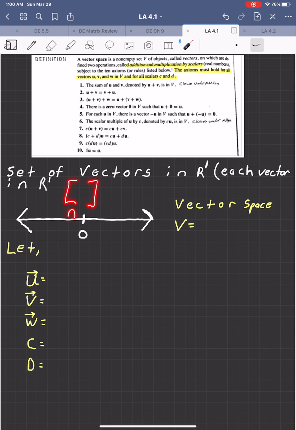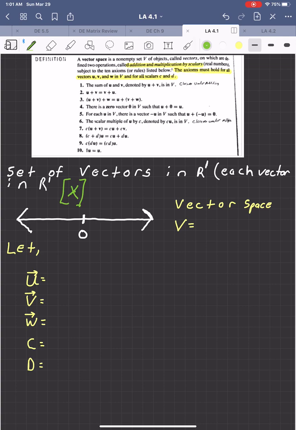Just think about it, vectors are always n by 1 matrices. So if you are in R1, this would be my vector. And if we're in R1, how many entries would we have here? Well, we just have one, right? We just have x.